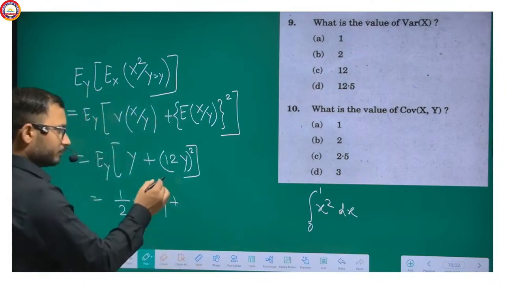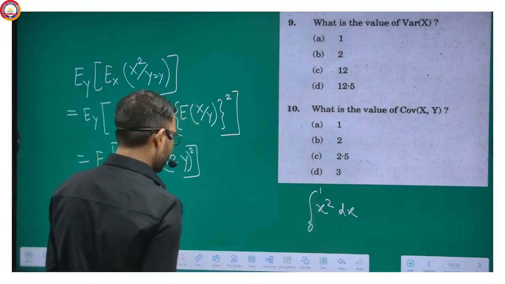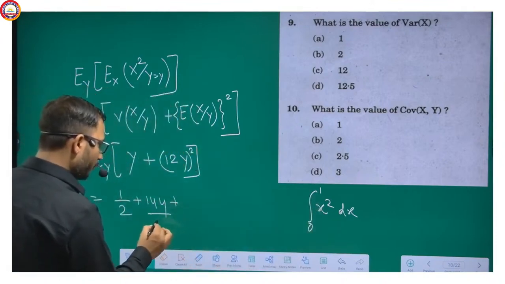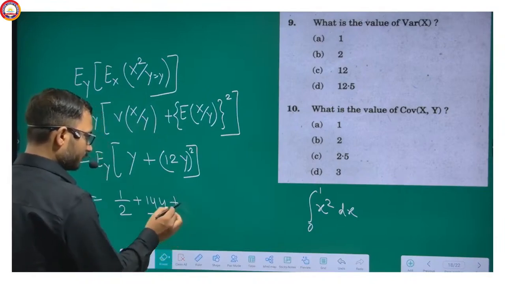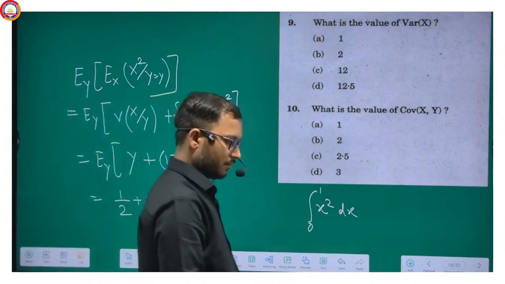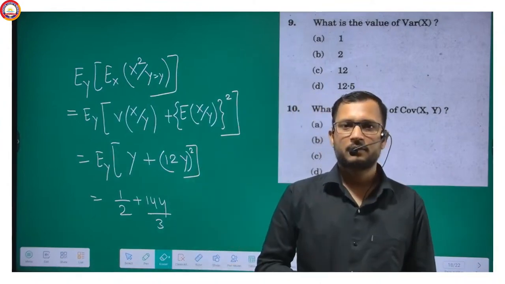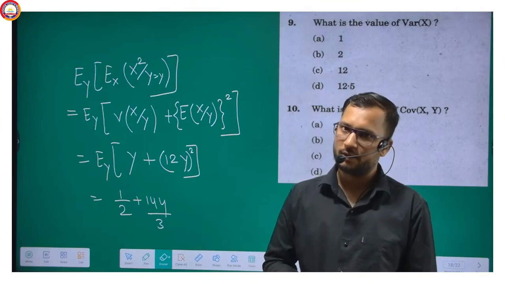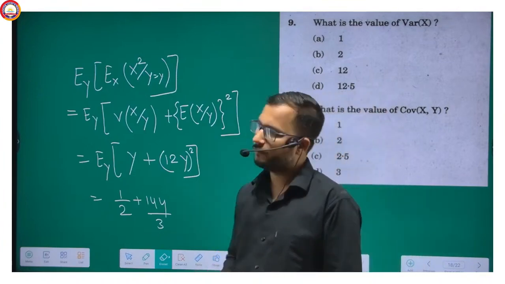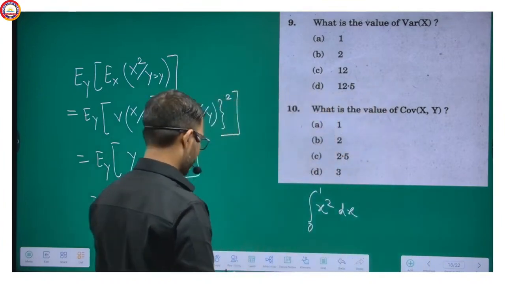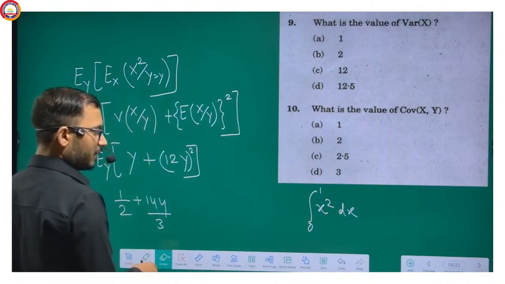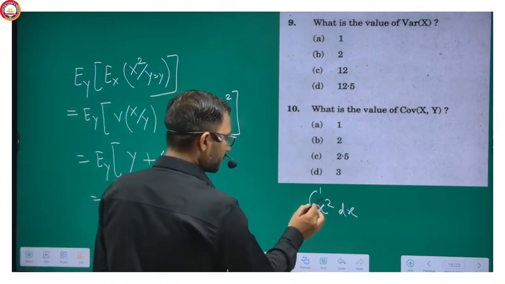Getting my point? X cube by 3 and 1 by 3, so this will be 144 by 3. The expectation of y squared, because y is following uniform 0 comma 1, is 1 by 3. Getting my point? Yes.